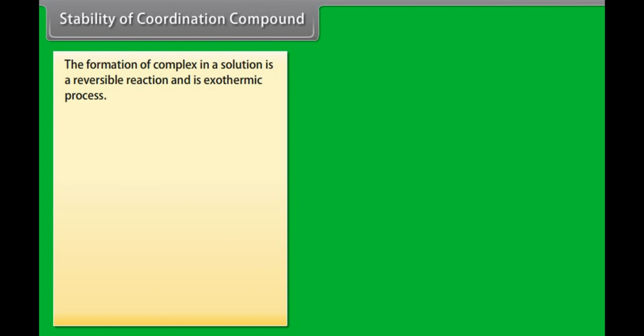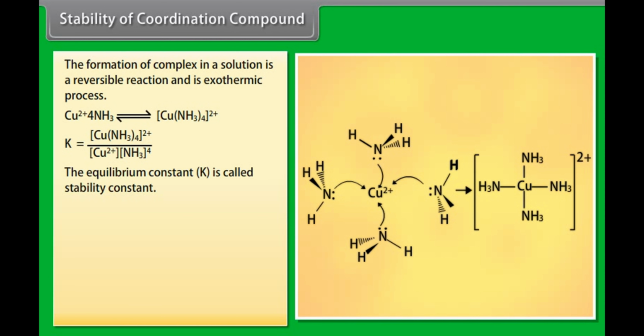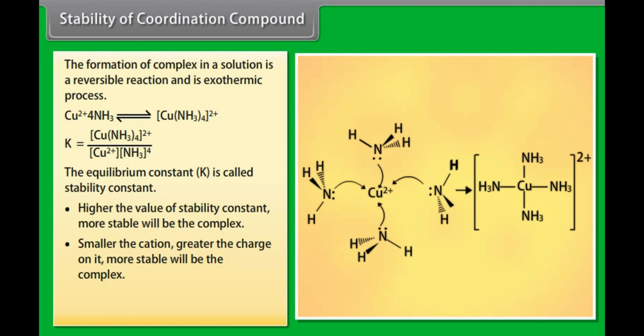The formation of complex in a solution is a reversible reaction and is an exothermic process. The equilibrium constant K is called stability constant. The higher the value of stability constant, the more stable the complex. The smaller the cation and the greater the charge on it, the more stable the complex. The stronger the ligand, the more stable the complex.